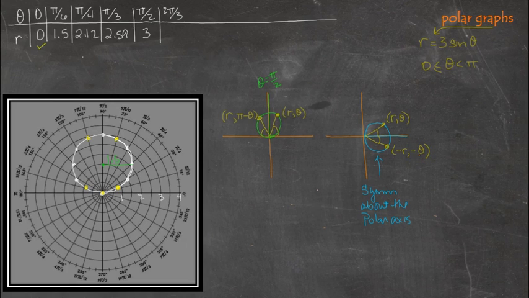Right? This angle would be pi minus theta. I jumped ahead of myself a little bit. So this would be the angle pi minus theta, just like on this one, but minus r puts us forward into minus r.